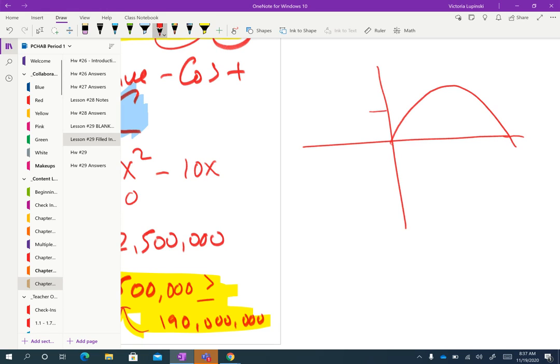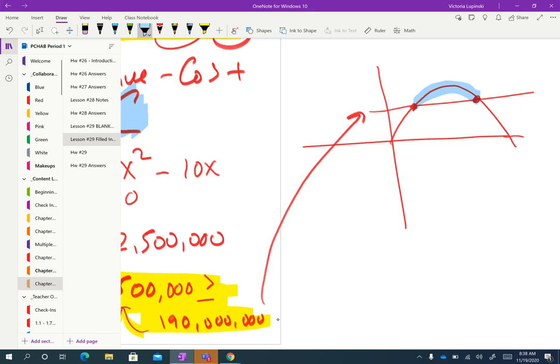So again, you were trying to find at least 190 million. So you made a second y equals that was 190 million. You then found the points of intersection. Those are going to tell you the values of x for which it's exactly 190 million. And then because you want to have at least 190 million, that's why you would choose everything between those two x's.